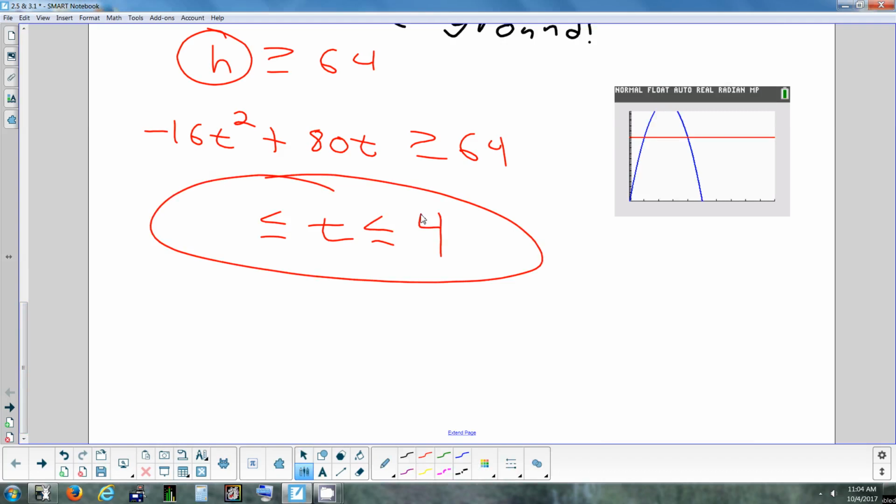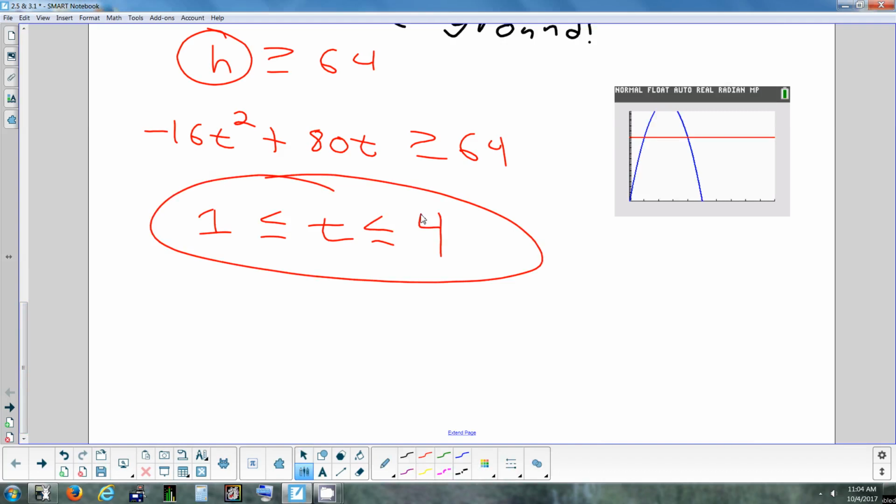Does anybody have the other intersection point when it's on its way up? Kelvin, did you get that one? Did you type it in? Someone who has that typed in, can you tell me? Yeah? It was 1. Thank you.